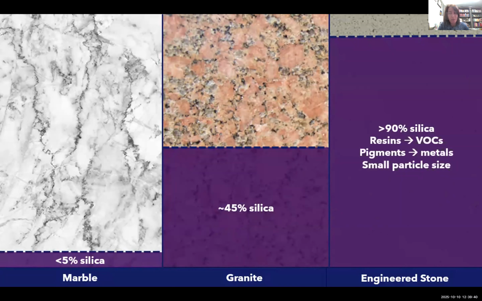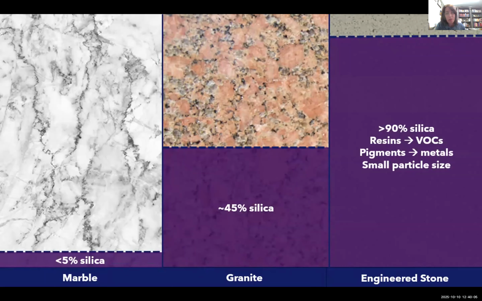But it also has resins, typically a polyester resin that's holding all of that ground silica together. And when you cut through that to fabricate the countertop, volatile organic chemicals, things like styrene, are released that we know are hazardous to the lungs. The pigments that are used often contain metals that we know are toxic to the lung.